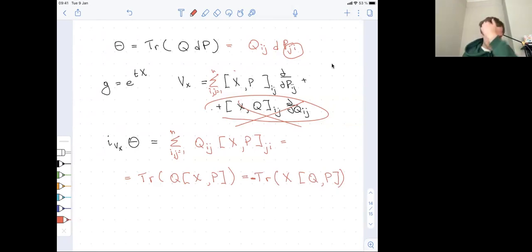Okay, and here we definitely see that I take any vector field and insert it into the Liouville form. Well, I can take the derivative and insert it, and since it's the Liouville form, definitely this will be the Hamiltonian for the vector field V_x, right?